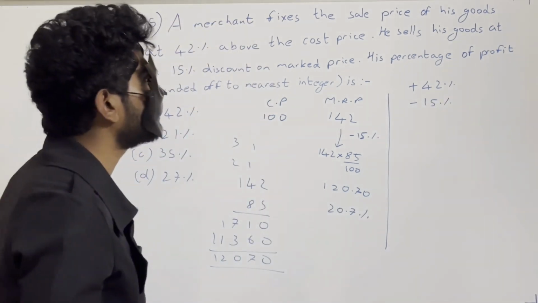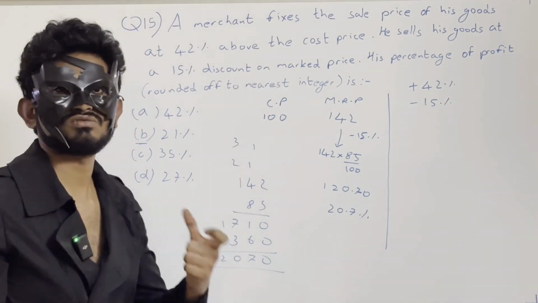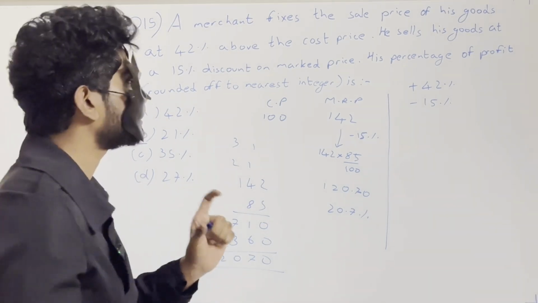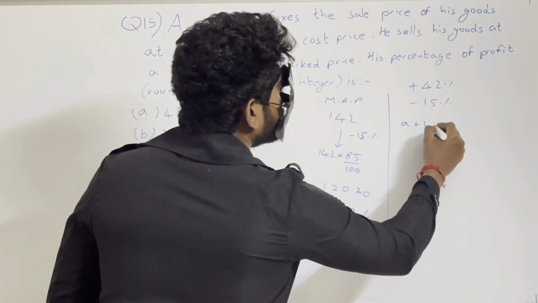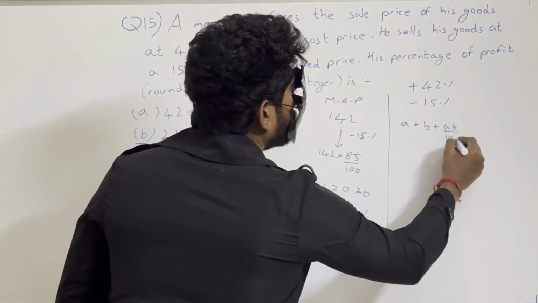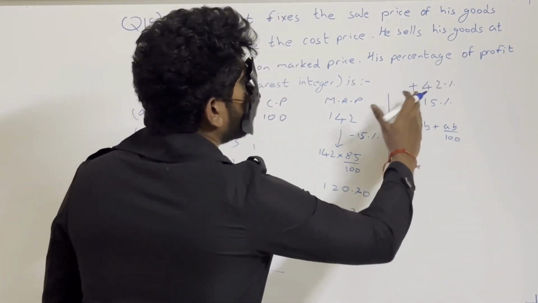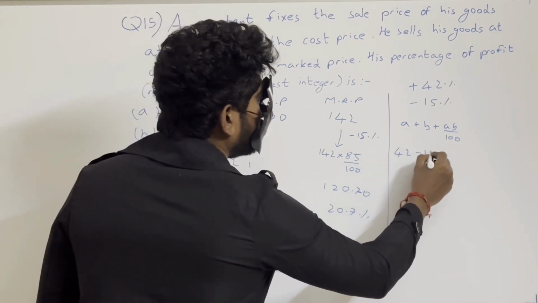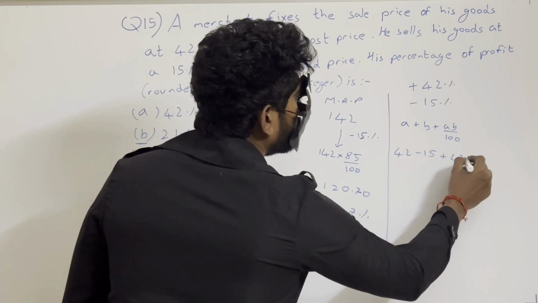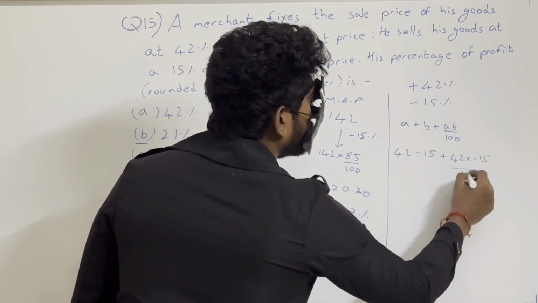We already know that if A and B are two percentages, then the successive change will be A plus B plus AB by 100. So here also we will apply the formula: 42 minus 15 plus 42 into minus 15 by 100.